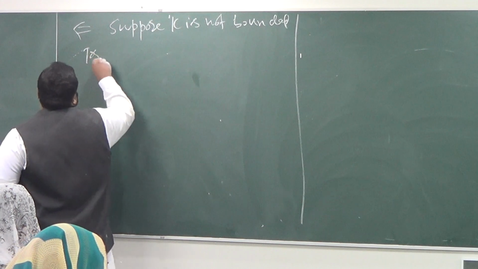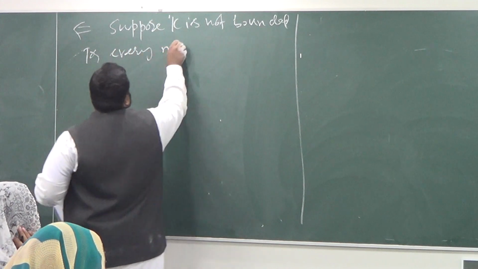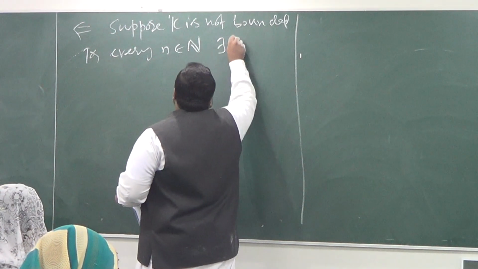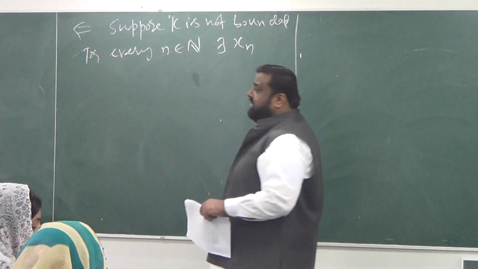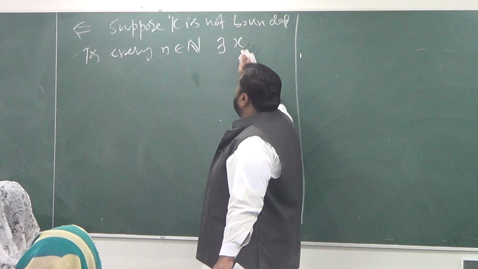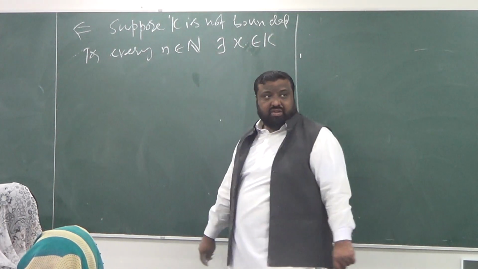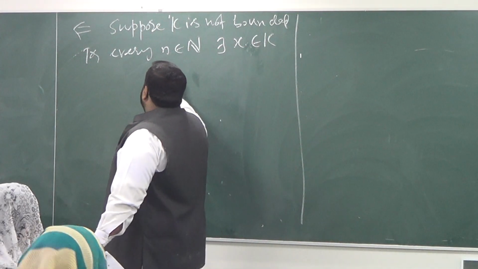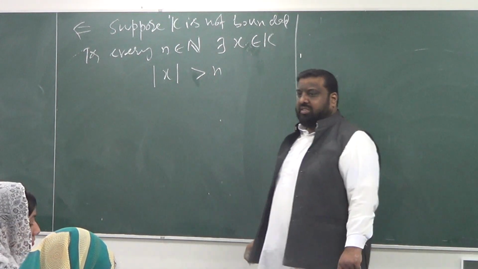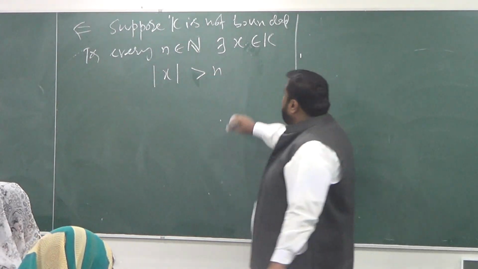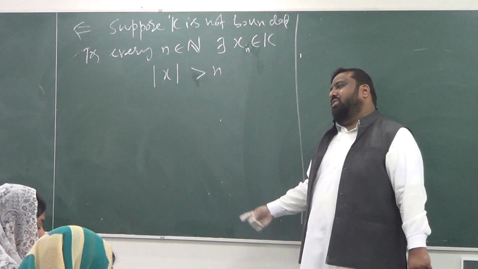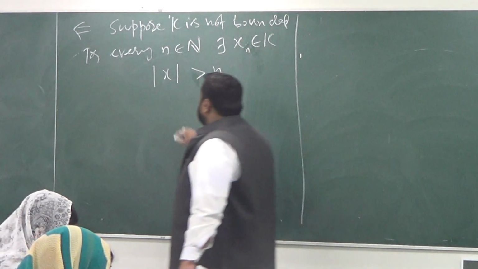Now for every n in N, there exists some element in K such that that element goes beyond that n, because this is what the definition of boundedness is. I'm giving this element a name xn. So for every n I'm going to find one.